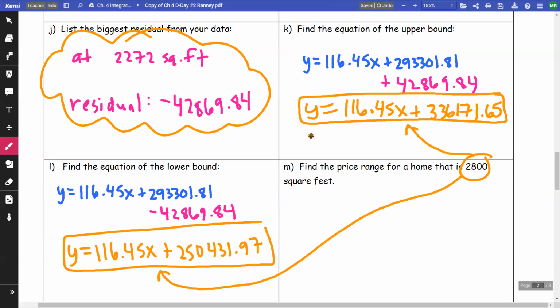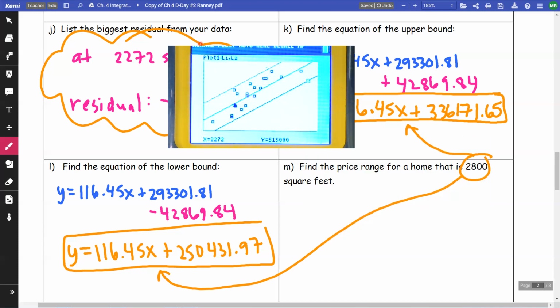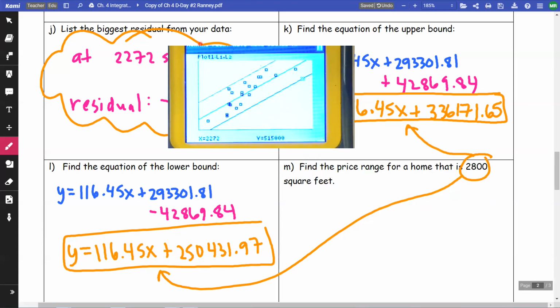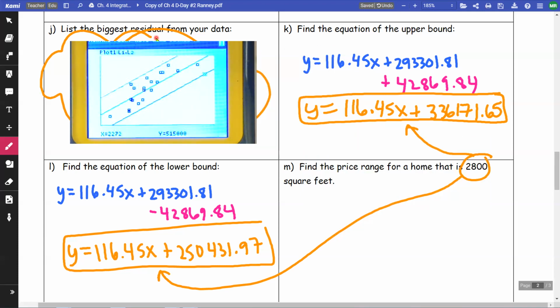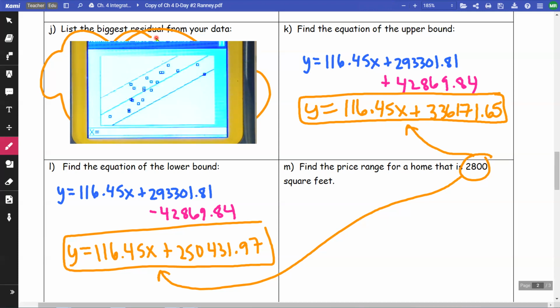Now I can do that by hand, or I can come to my calculator. And when I'm on the screen where I can see my graph, I'm going to go second and trace to go to value. I am going to be putting in 2,800.